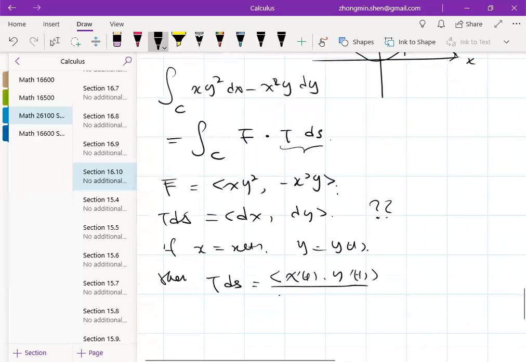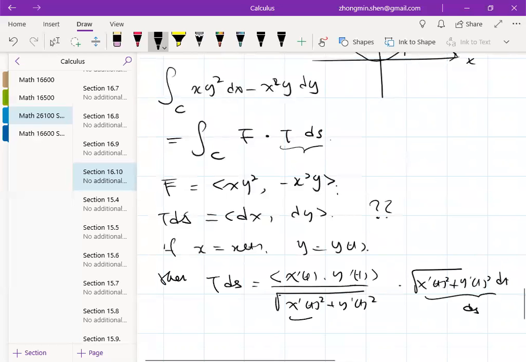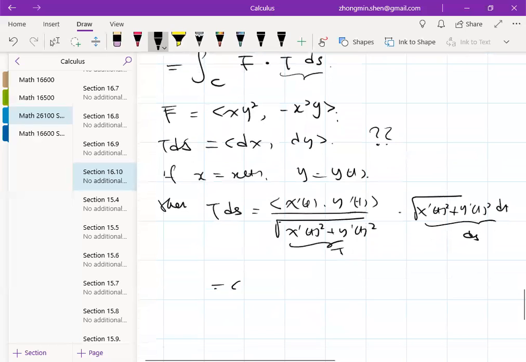T is going to be this, and the ds is going to be the square root of x prime t squared plus y prime t squared dt. That's the ds. That's the T. So when you multiply this out, you just get x prime t, y prime t, and dt.